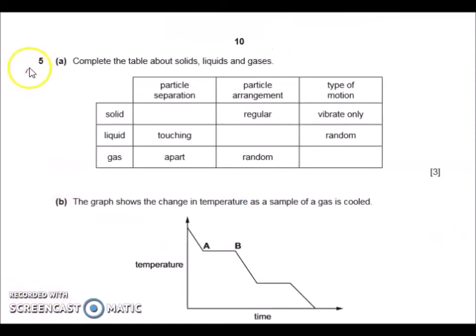Now we go to question number 5a. Complete the table about solid, liquid and gases. For particle separation, if you look at solid, they are vibrating closely, so they will be touching together.